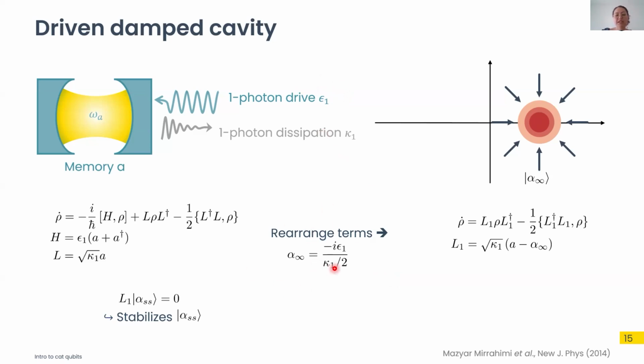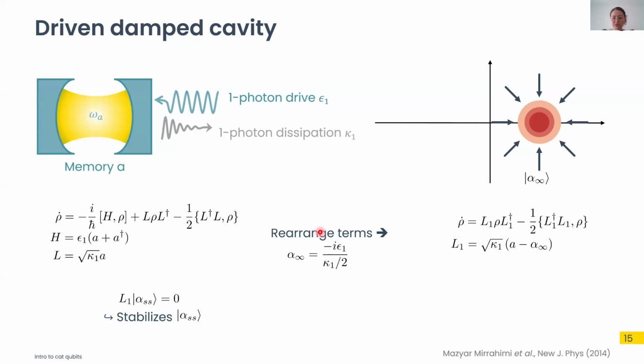And this alpha steady state is going to be the steady state of the dynamics of the Hamiltonian and the dissipator that are happening in this cavity. And so we have this competition between energy input and dissipation that stabilizes the state, right? But here it stabilizes only one state, which is the plus alpha or whatever state you're stabilizing with your drive.